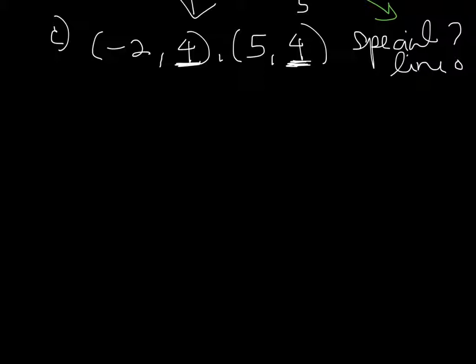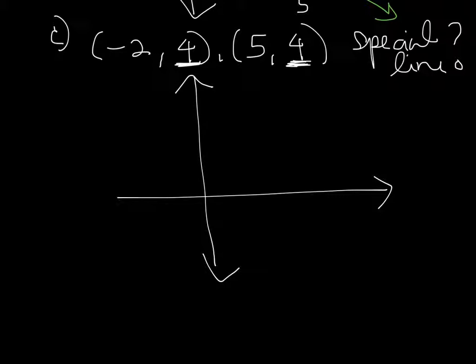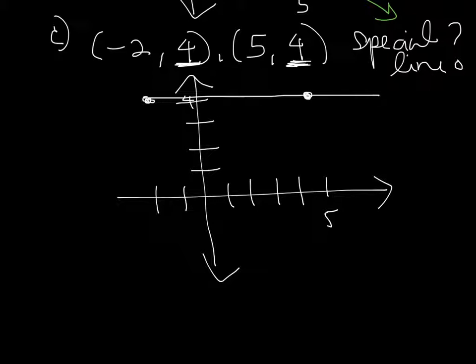You can just plot the points and you'll see the actual line. -2, 4 is right there, and 5, 4. This is still 4. If you connect the dots, you get a straight horizontal line.